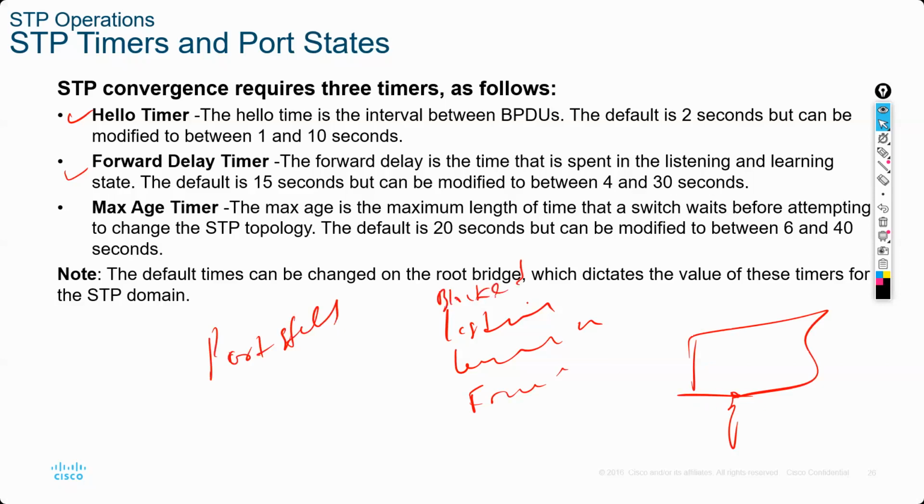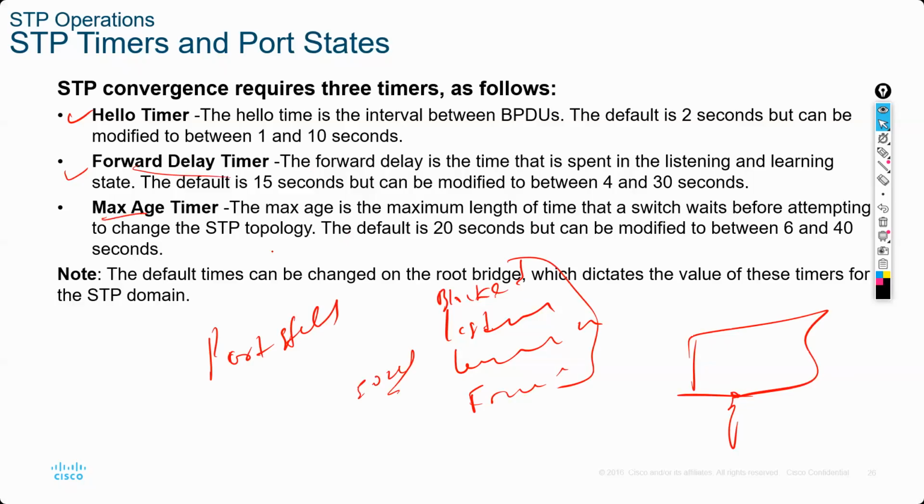Then when you plug in a cable, it moves from blocking to listening, from listening to learning, and from learning to forwarding. This process takes 50 seconds, so there is a delay, or let's say a timer, in between. The forward delay timer is what we are talking about.